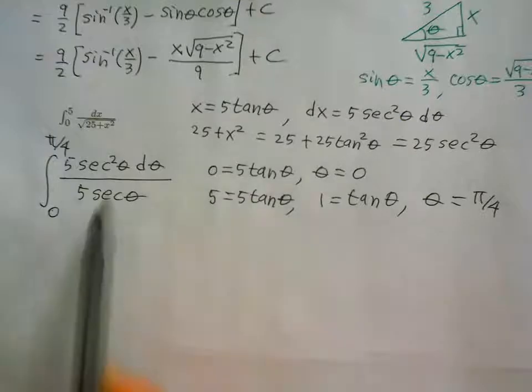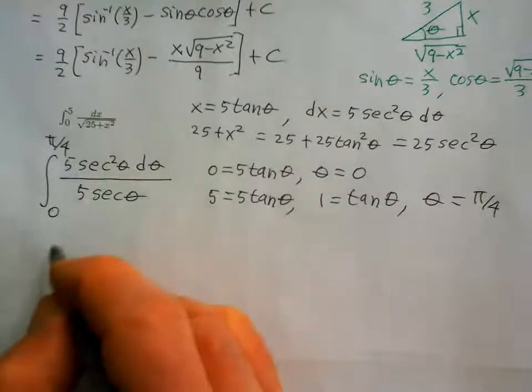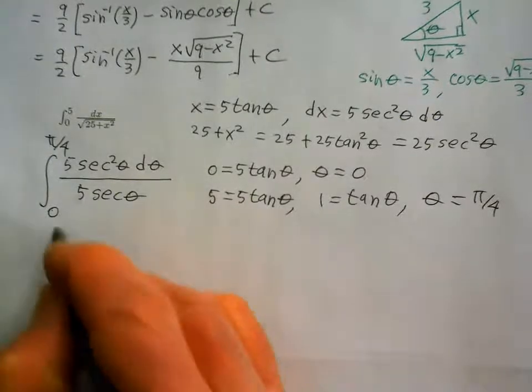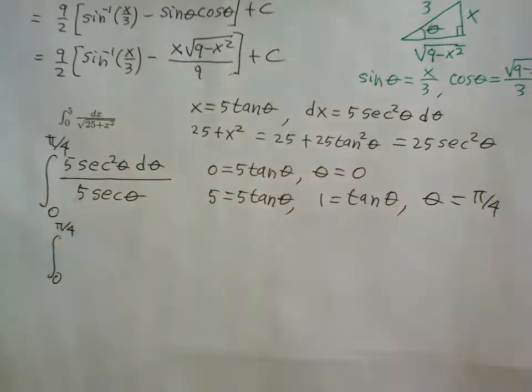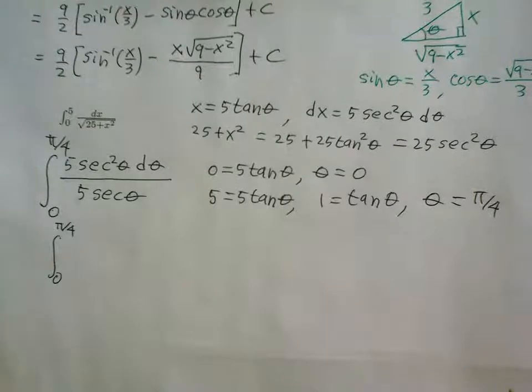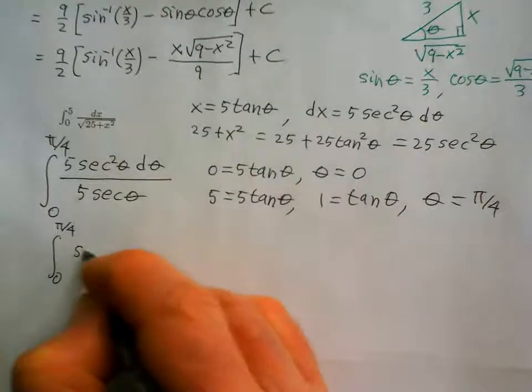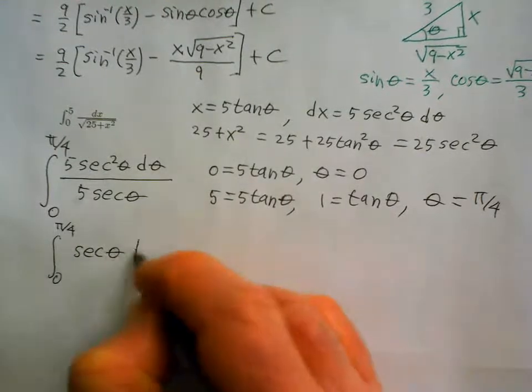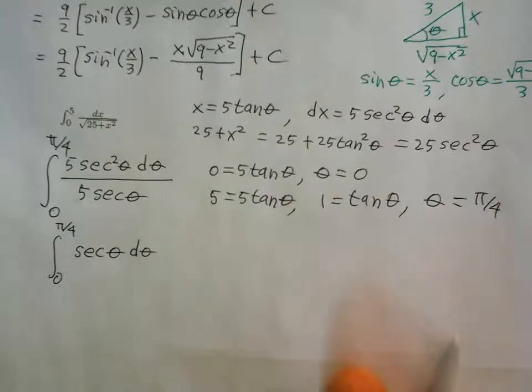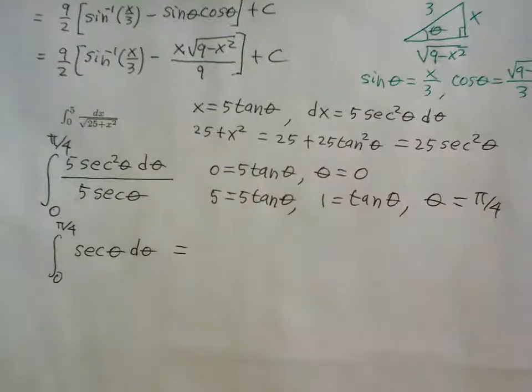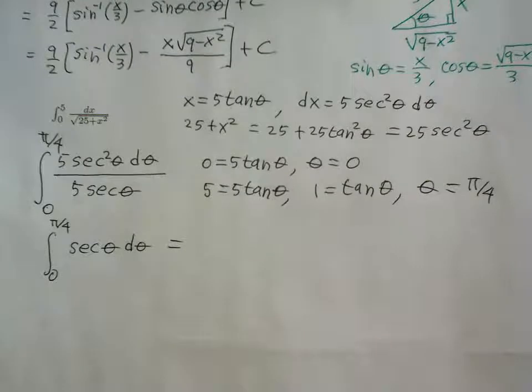Okay, so we simplify the integrand. 5 divided by 5 is 1. Secant of theta squared divided by secant of theta is secant of theta. And then d theta. And what's the antiderivative for secant of theta? It's one of those basic ones that you should know.